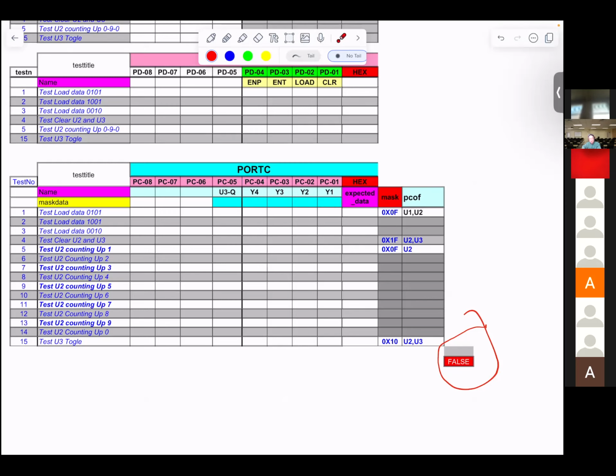So if you get a problem with your software, you get an error, or you run the test and it fails, and you don't know whether it's your hardware, your circuit board, or your software, you can just text me.